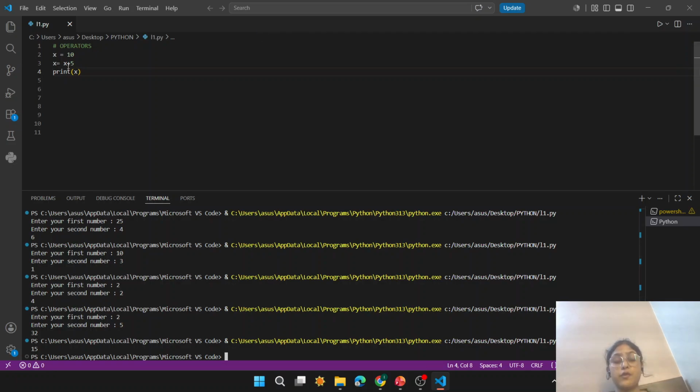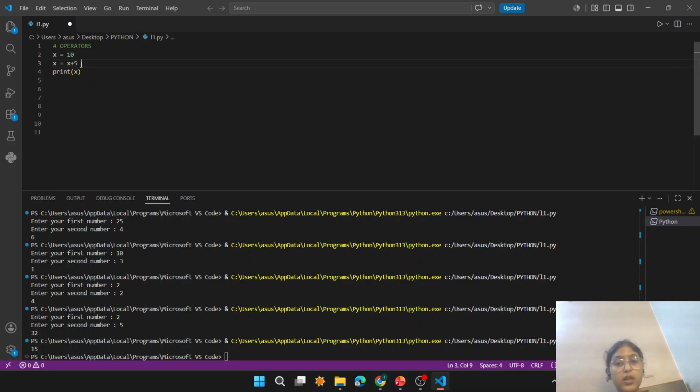Now you must be thinking what happened. Simple answer: first I assigned the value of x as 10. Then I updated the value using the dynamic typing that I introduced in the previous lecture. I want to update this value of x by adding 5 to the previous value of x. So it is doing nothing but 10 plus 5, simple. And then printing the value as 50.